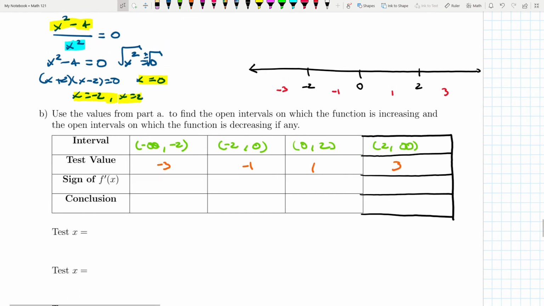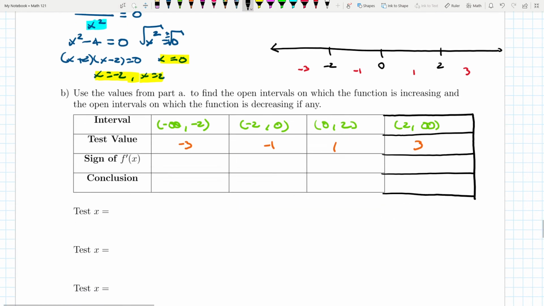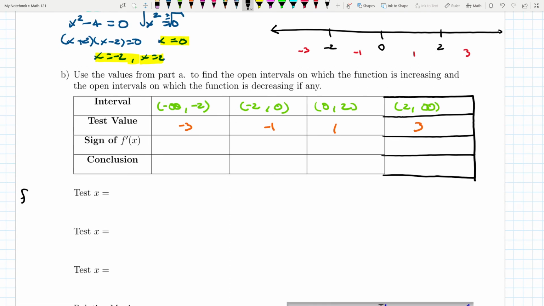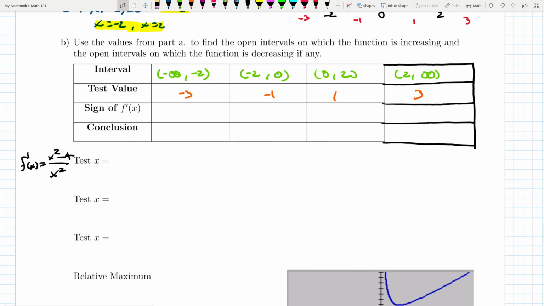Recall that f prime of x equals x squared minus 4 over x squared. We are going to test actually 4 values. I know I have room for 3, but don't worry, I'll make room for the 4th also.